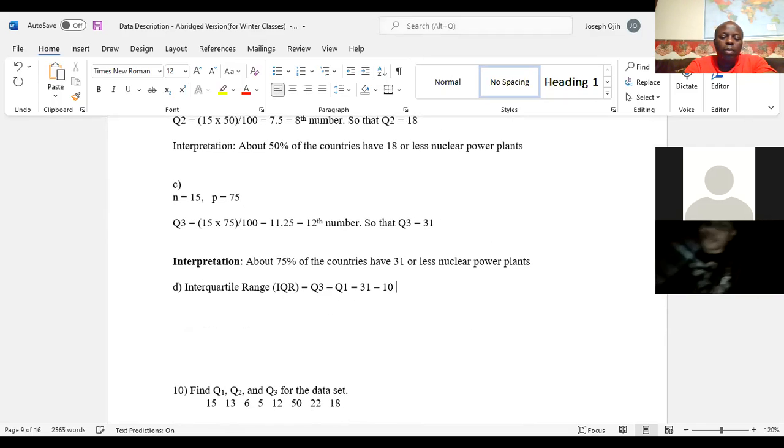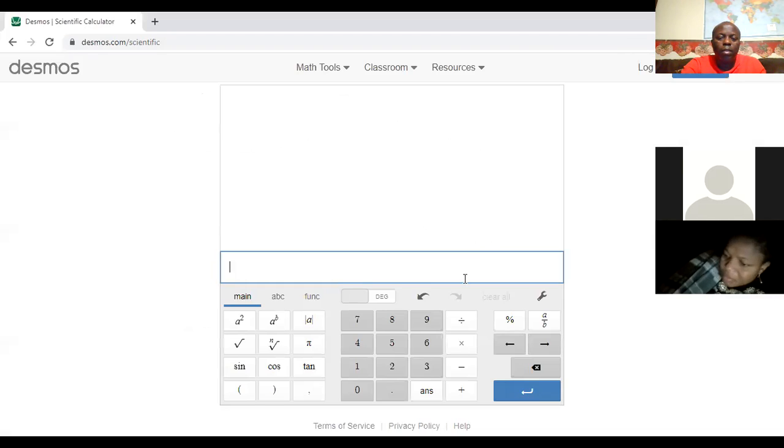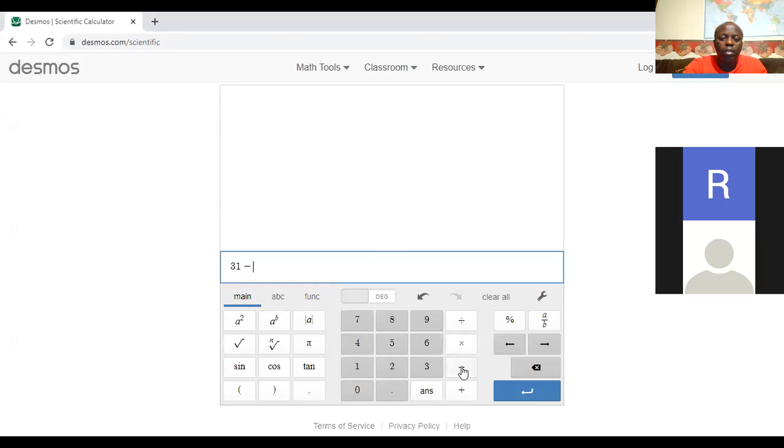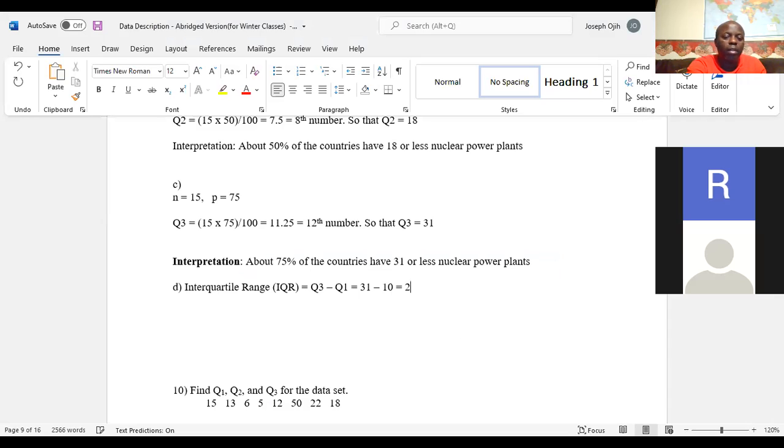So our interquartile range will be 31 minus 10, which we can get from our calculator. 31 minus 10, yeah, it's 21. So that will be our interquartile range. To get the interquartile range, you get the first quartile and the third quartile, and subtract, and that gives you 21.